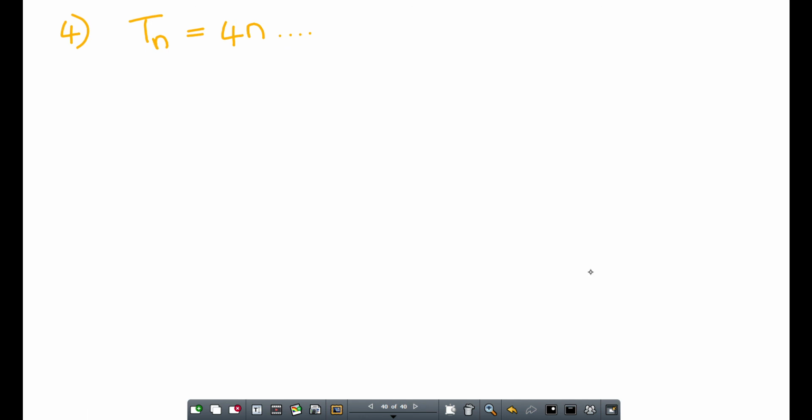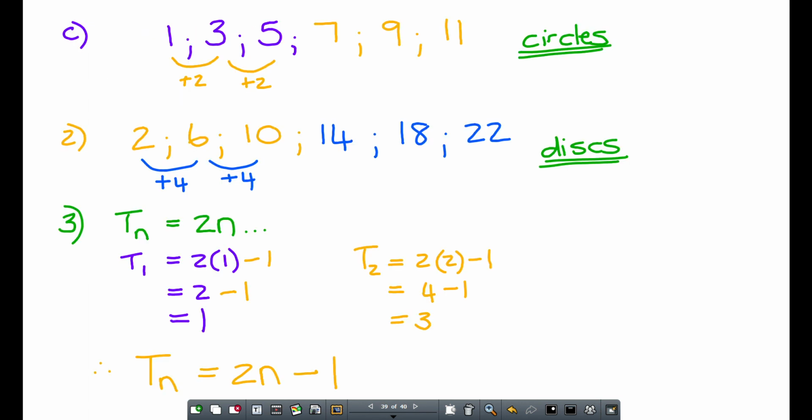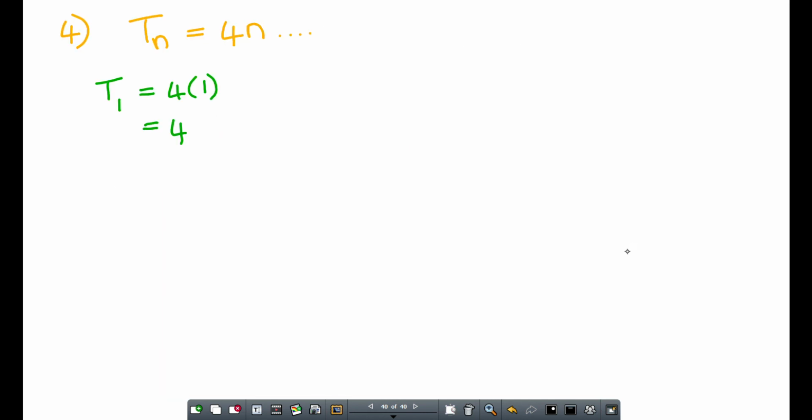So now we use term 1, so it would be 4 times 1, which gives me 4. And I'm quickly going to skip back. What was term 1? 2. So what do you think I should do? I'm going to minus 2.